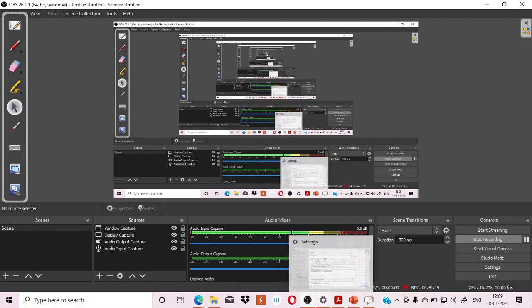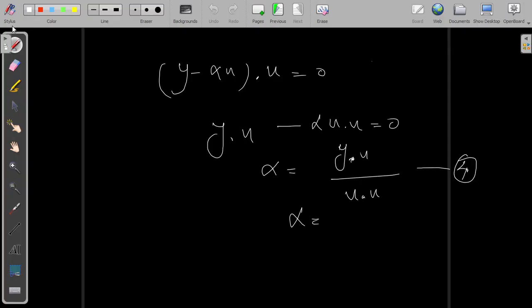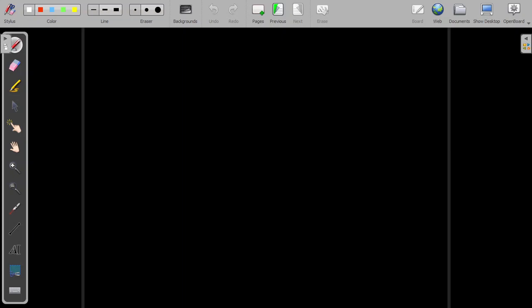So the concept is as simple as this. For example, y cap is equal to alpha u. Let this alpha be replaced by the scalar c, where c belongs to the set of real numbers.